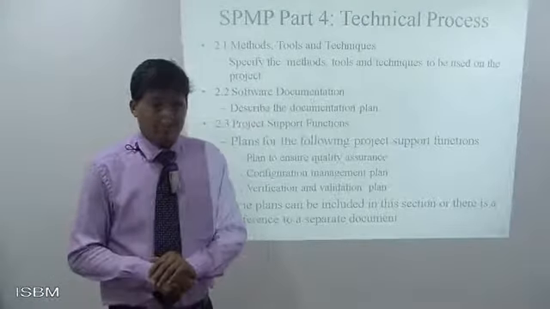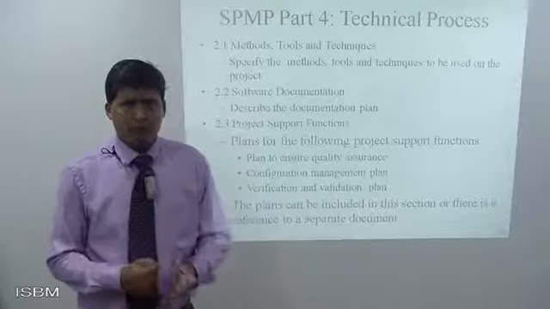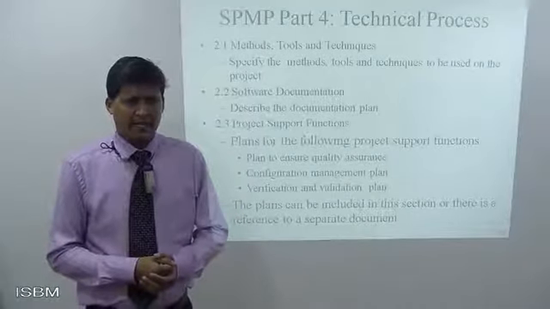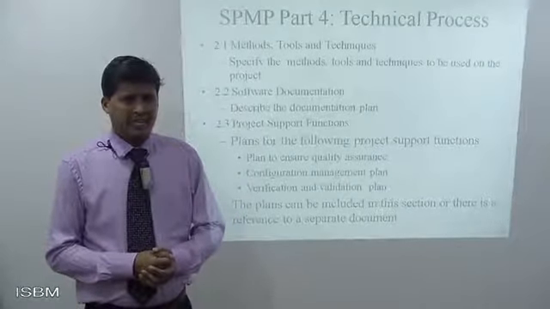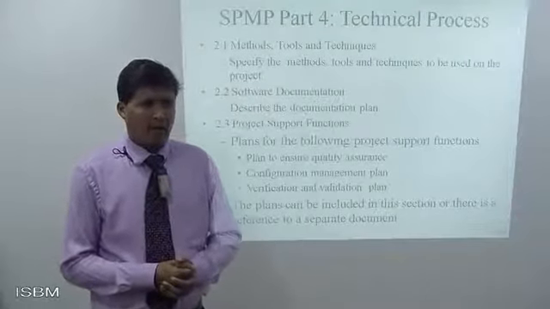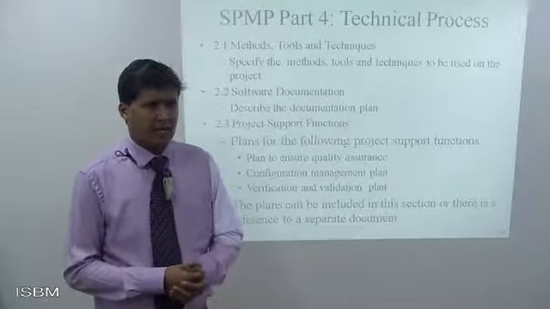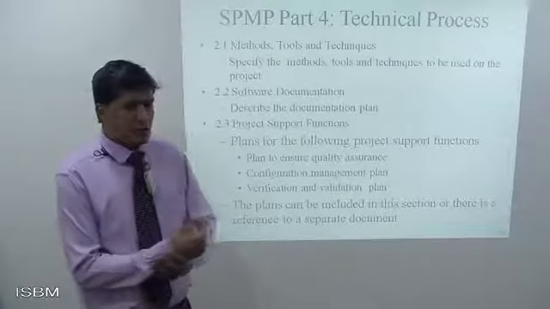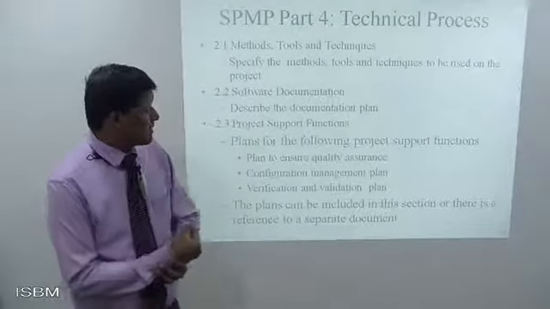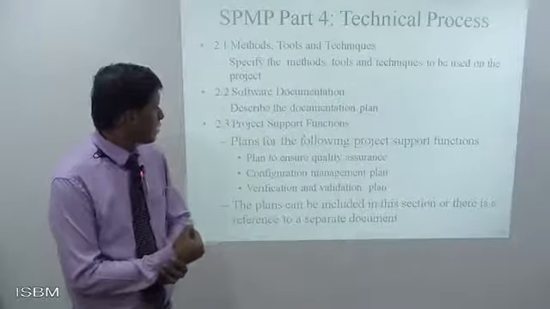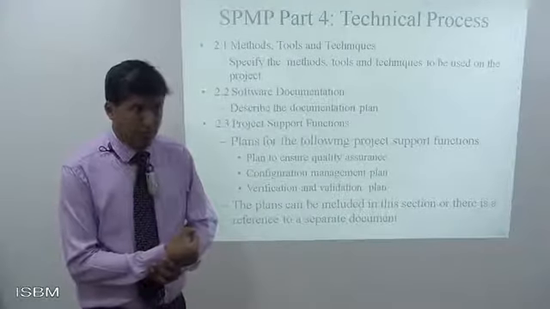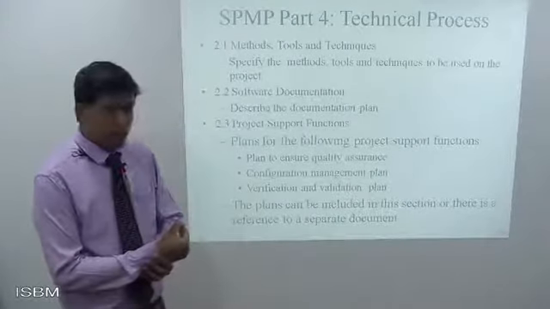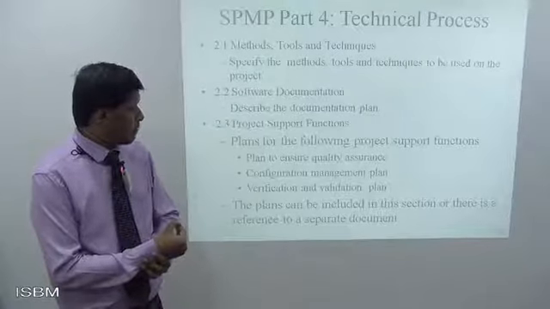Technical process. So any project would have a technical fallout to it, and the technical areas would involve things of different types, and those would be methods, tools and techniques. Specify the methods, tools and techniques to be used in the project. Software documentation. Discuss the documentation plan. Project support functions.